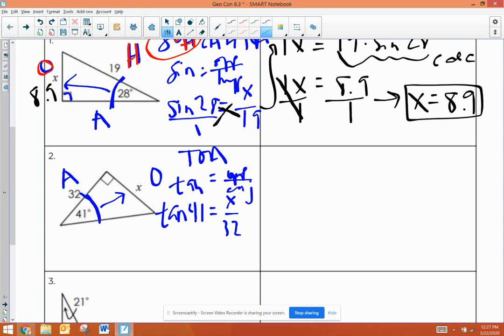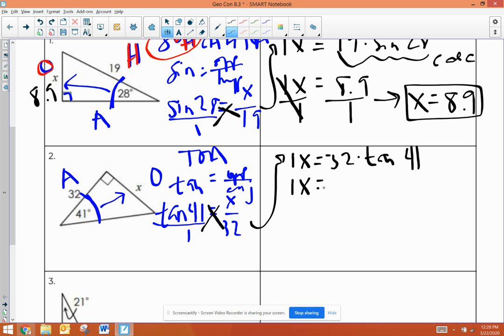All right, so I'll put this over 1 and cross multiply. Bring that up here again. So I have 1x equals 32 times the tangent of 41. So 1x will equal 32 times the tangent of 41.